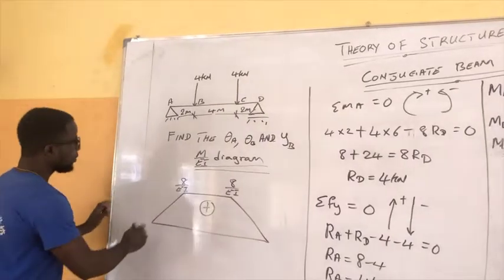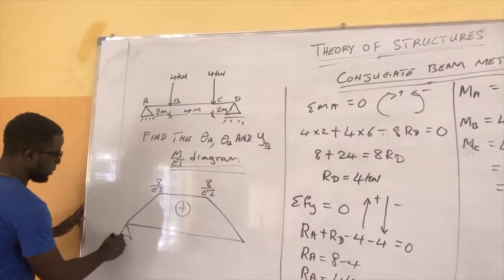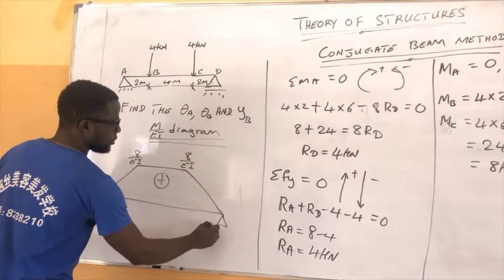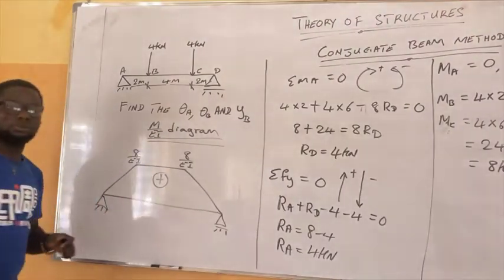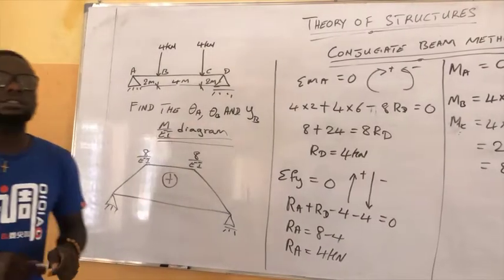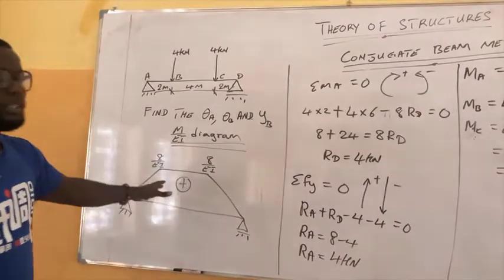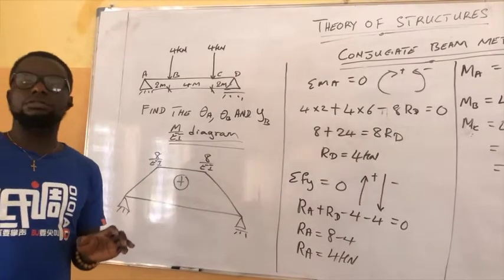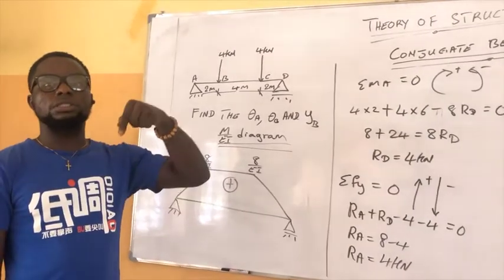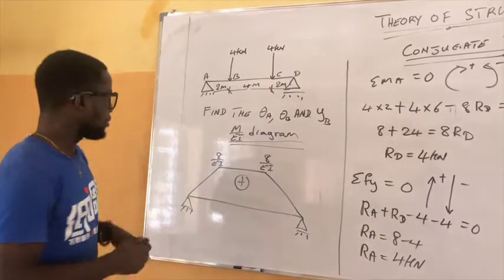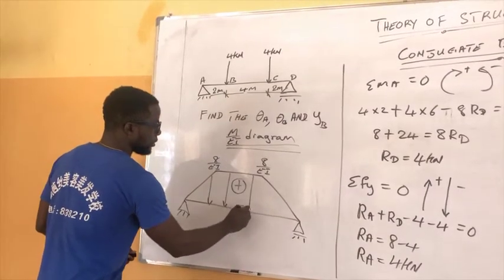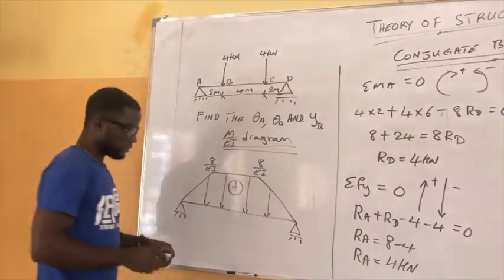So this will still be a pinned support, and this will also be maintained as a roller support. Then the conjugate load, since it's a positive moment, will point in a downward direction. So our loading will go in this way and in this way.